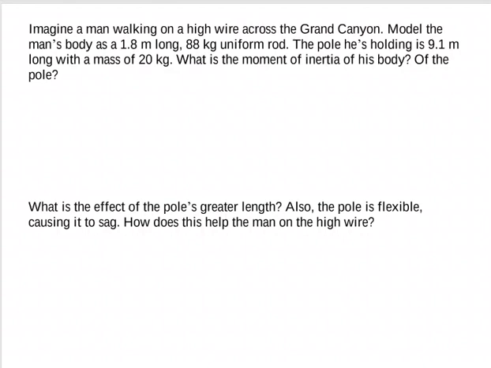So we're going to draw a picture and try to visualize what's going on, and then calculate the moment of inertia. So on the picture, we have the guy on the wire. So like the wire, if I'm drawing it out of the page, there's the wire.